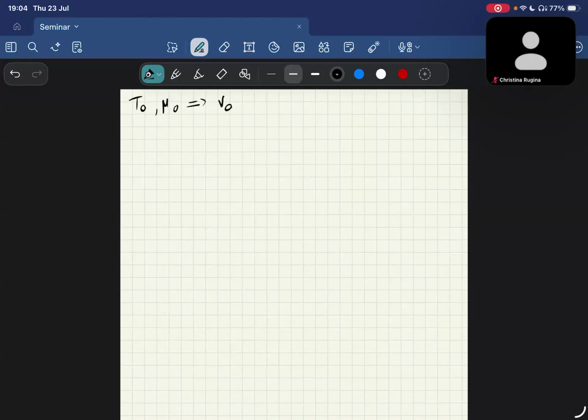And the string starts from xy, which is 0, 0, and ends up at xy a, 0. So the length of the string is a. It's just a normal string from the point 0, 0 to point a, 0.